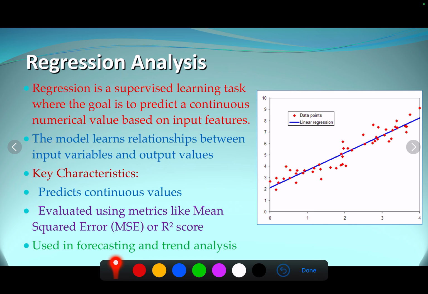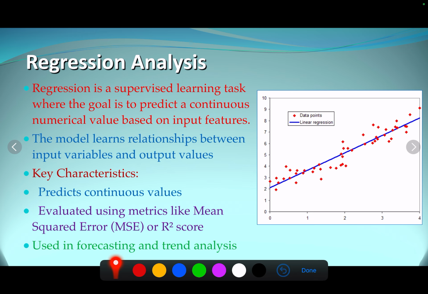As shown in this window, you can observe that these are different data points that are plotted, and based on this we can draw a line, and this line can be called a regression line, and this regression is called linear regression. So the model learns the relationship between the input variable and the output variable.